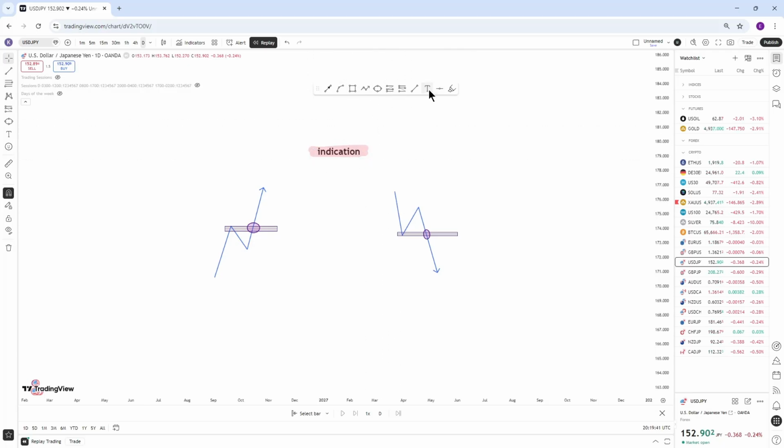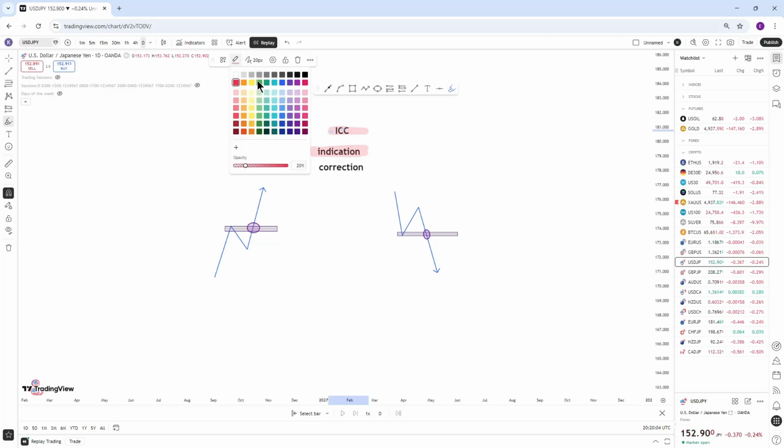So after indication, we'll be moving on to correction. That's what you have to know, right? After indication, let me write ICC here. Let me mark here, let me color it green.